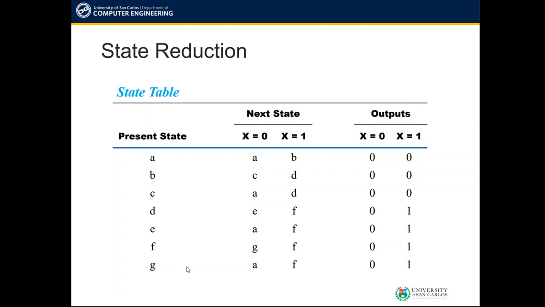In this case, state E and state G in the present state have the same next states A and F, and also the same outputs 0, 1 and 0, 1. So state E is the same as state G, and we can equate those states.